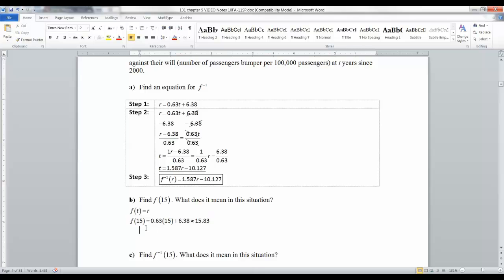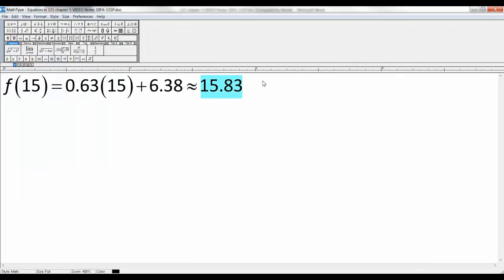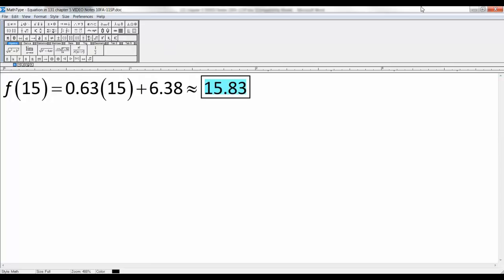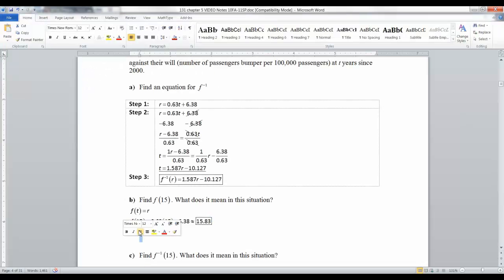All right, now the kicker is, what does it mean? Well, that's where that f of t equals r thing comes in handy. So you say, okay, look, I put in 15 for t, so that's time. So you'd say in 15 years, so, oh, wait, 15 years from where? 2000 was our starter year, so I guess I should just say 2015.